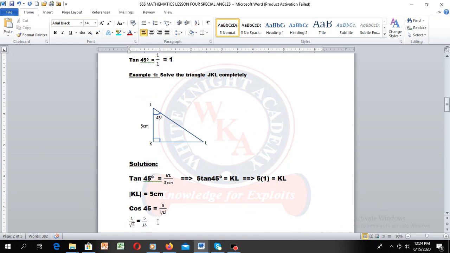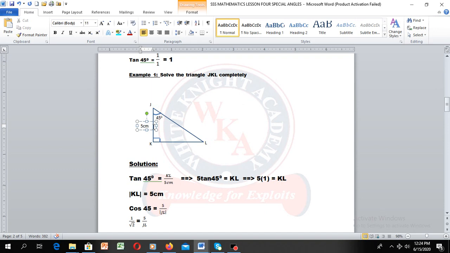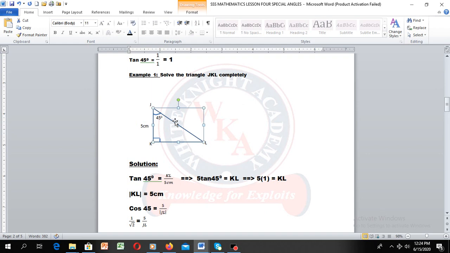Then, in order to determine the hypotenuse JL, originally we were given JK, which is our adjacent side to angle 45 degrees. So JK, the adjacent side, is 5 centimeters. We're going to be using adjacent over hypotenuse, and that is cosine. So CAH, cosine is adjacent over hypotenuse.